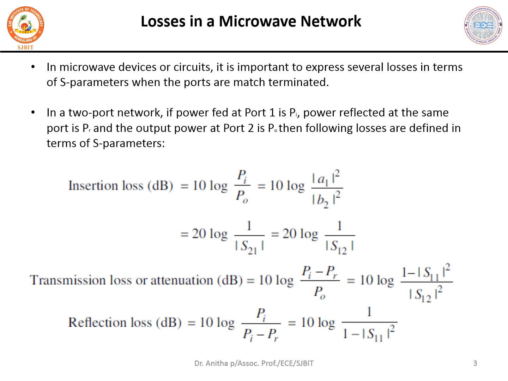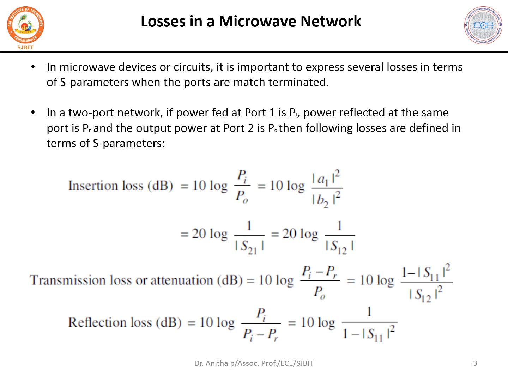In that two-port network, we give an input from port 1. Let us consider that power as Pi, and some of the power will get reflected back at the same input port. We represent that as PR, which is reflection mainly due to impedance mismatch. Then some of the power will enter into the load.